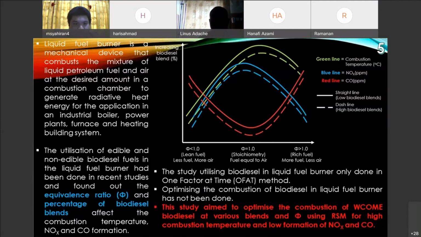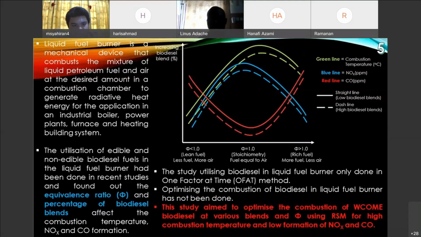As can be seen in the figure, progressing the combustion from the lean fuel to stoichiometry will increase the combustion temperature and NOx to their peak, while CO is reduced to its lowest point.